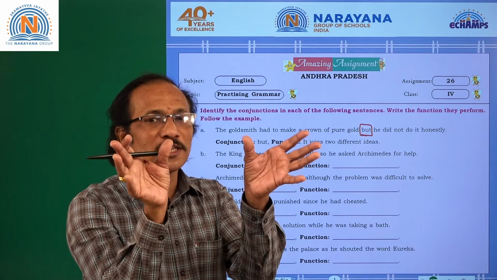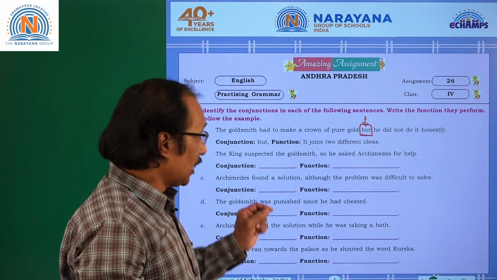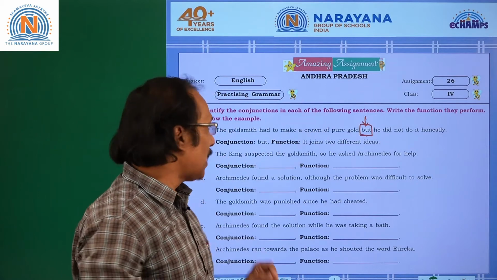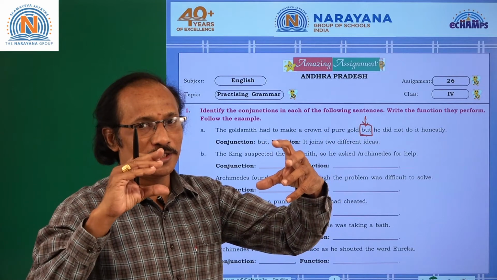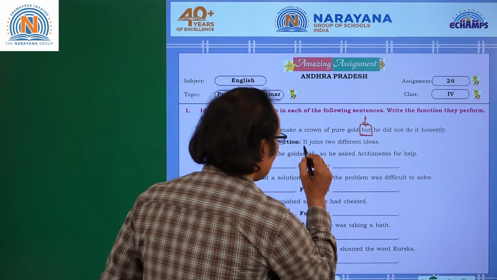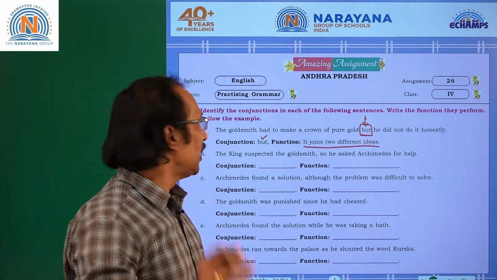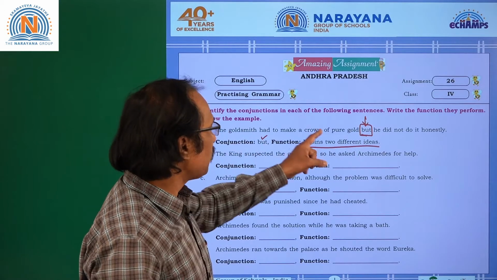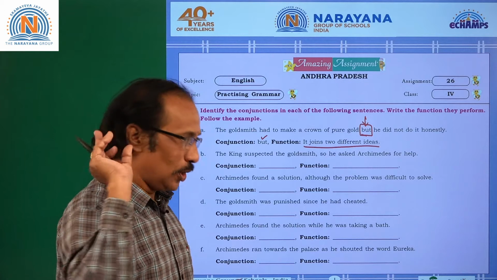These two sentences are connected using the conjunction but here. Here, the purpose of using but is to join two different ideas. So, the conjunction here used is but, and the purpose of using that is to join two different ideas. One is the goldsmith made a crown, but the crown that was made is not of pure gold.